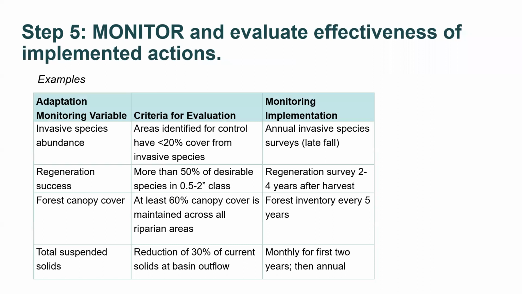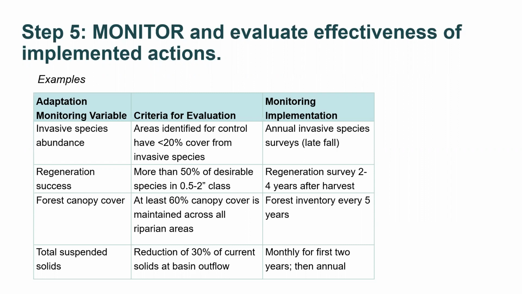Okay, and now a few examples from past adaptation workbooks of putting these 3 ingredients together: the monitoring variable, the criteria for evaluation, and the implementation of that monitoring. Here are 3 examples of how these have been put together in other projects.